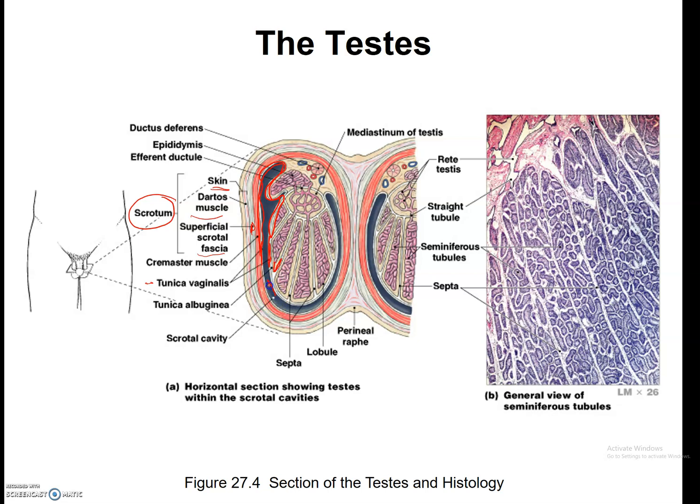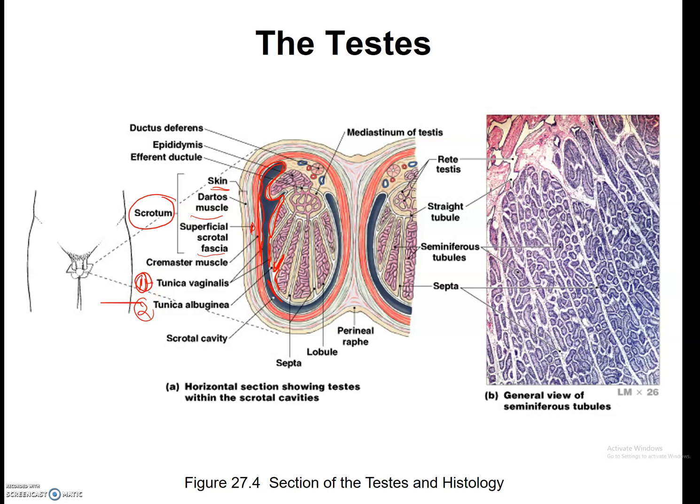It's not this white outline here. It's the one that outlines each of the lobules. You may want to go look at this in your book so you can get more detail. This black region is the scrotal cavity, so the scrotal cavity separates the tunica vaginalis from the tunica albuginea. There we go.